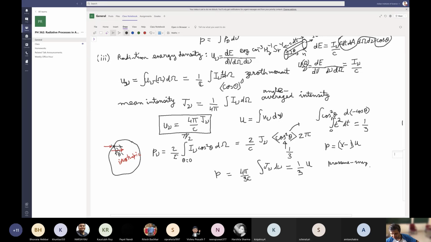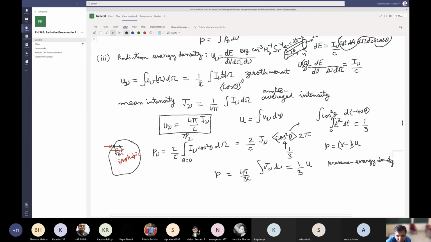This is sometimes called the equation of state. Why is my writing so bad? Just a sec. So pressure, energy density. This is the relation between pressure and energy density for radiation. This is important, and it can also be derived from thermodynamic considerations.